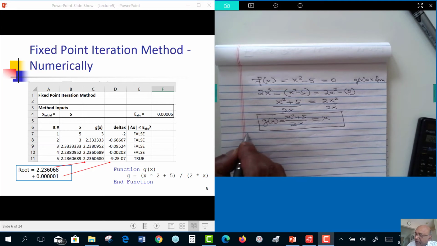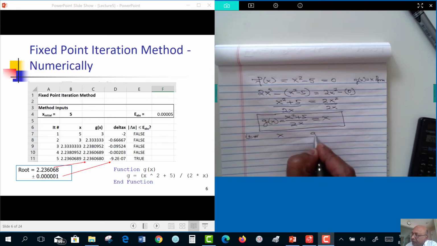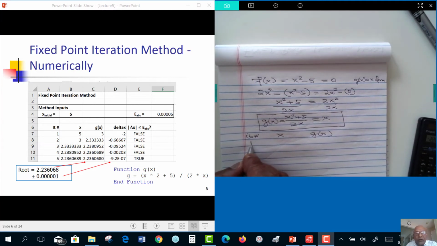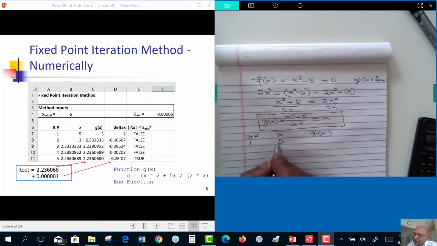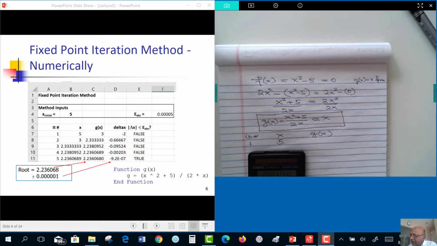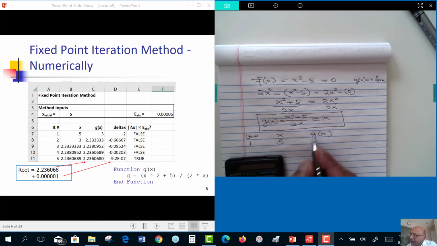So let's make our table again. Iteration number, we have x, we compute g(x). So let's say our initial guess we start with is 5. So we compute g of x at 5. So we will do 5 squared plus 5 divided by 2 times 5, and we will get 3.